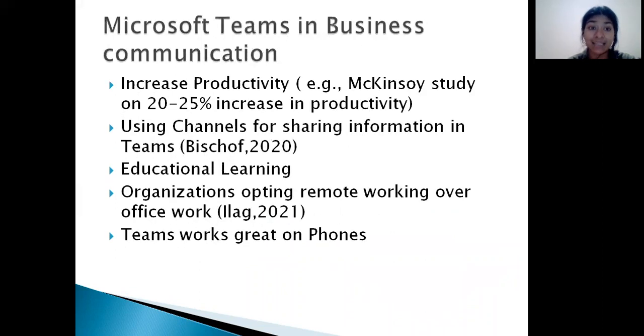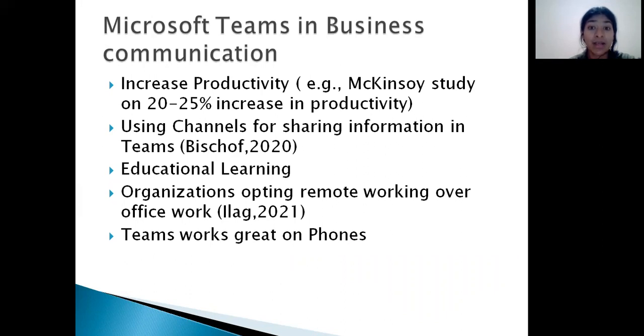And in my next slide, Microsoft Teams in business communication usage. It increases the productivity by 20 to 25%. As I mentioned, the McKinsey study shows that it increases the productivity by 20 to 25% when technology is used in business communication.